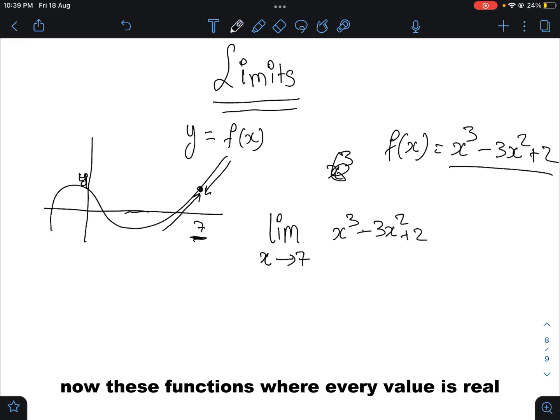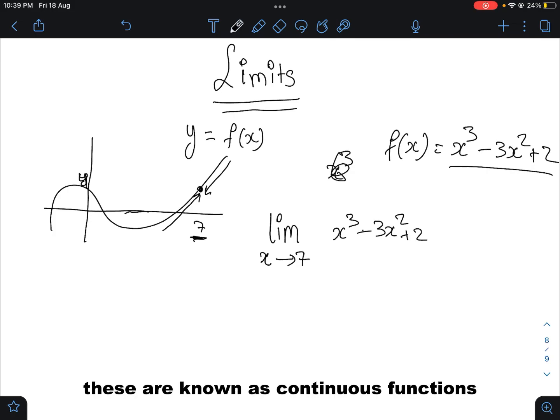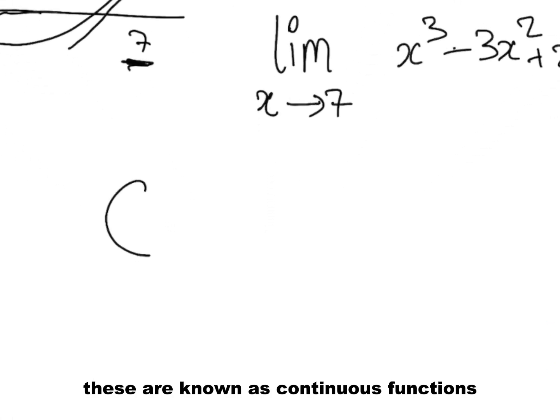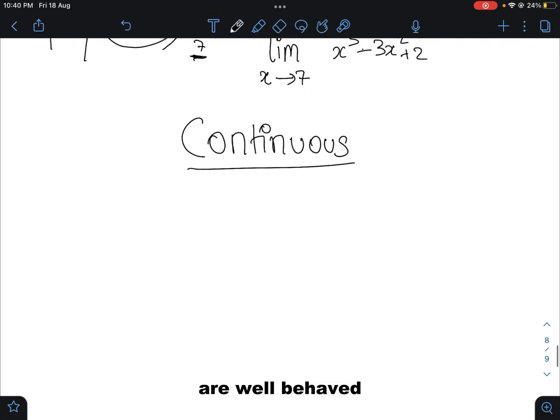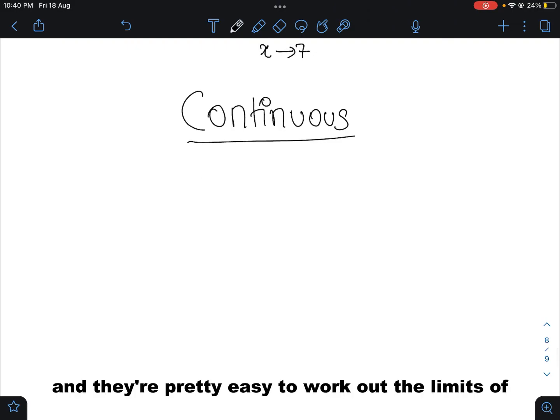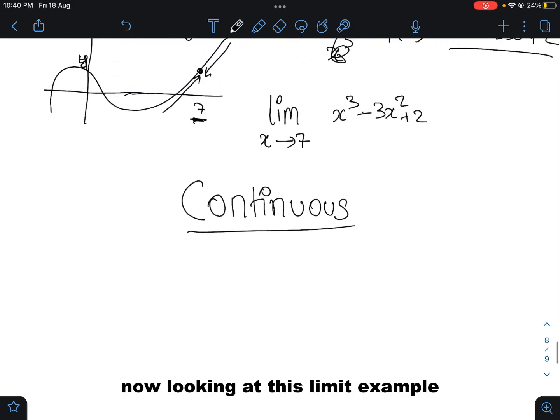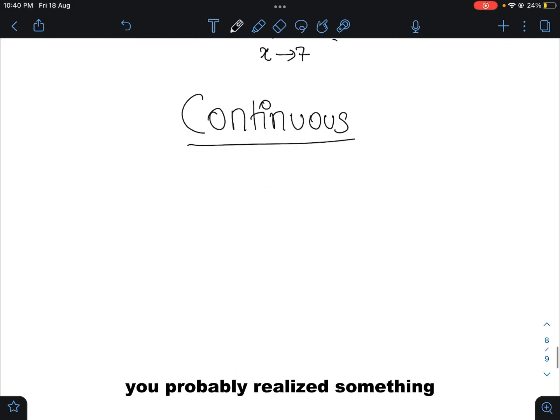Now, these functions where every value is real, every point on the function is defined, are known as continuous functions. These continuous functions are well behaved and they're pretty easy to work out the limits of. Now, looking at this limit example, you probably realize something.